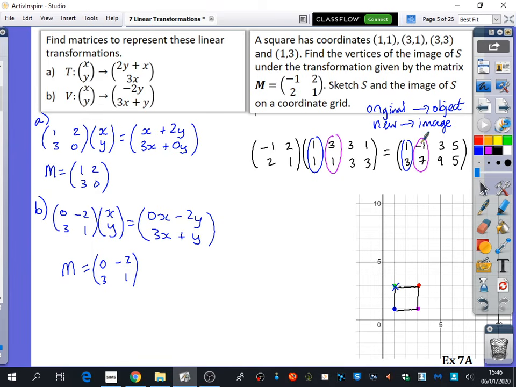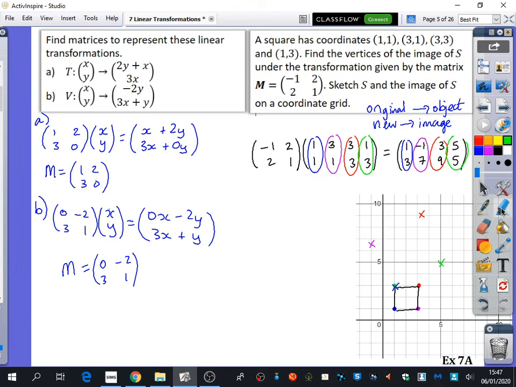That one goes to that one, etc. So the purple one has gone to -1, 7, which is here. The red one has gone from 3, 3 to 3, 9. My board is so bad, I can't see it very clearly. And my green one has gone from 1, 3 to 5, 5.